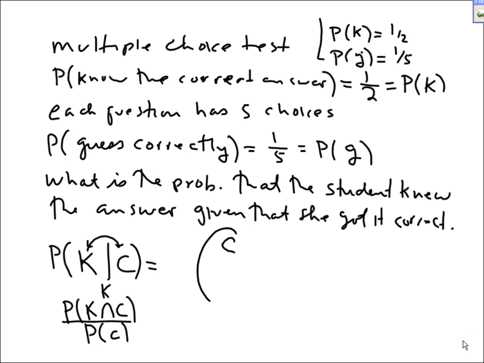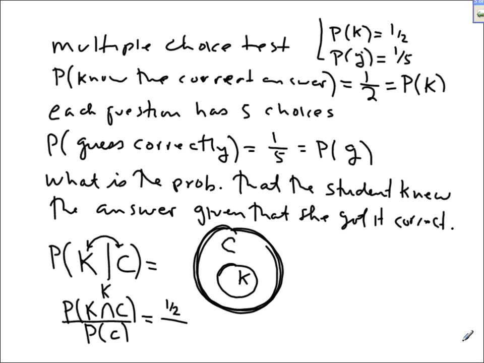So, if these are the ones you got correct, everything in this circle are the ones you got correct. So what's in this little circle is also correct. Because everything in the big circle is correct. These are the ones you knew. K is in C. The intersection is just K. The probability that you know it is 1/2.